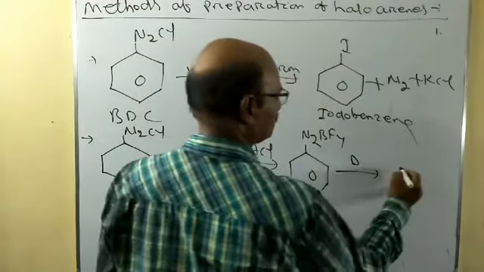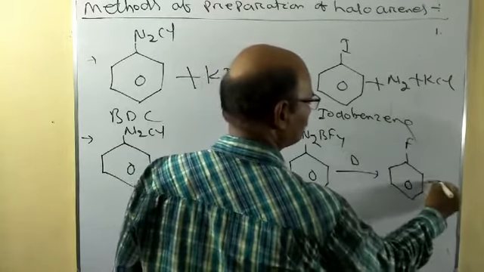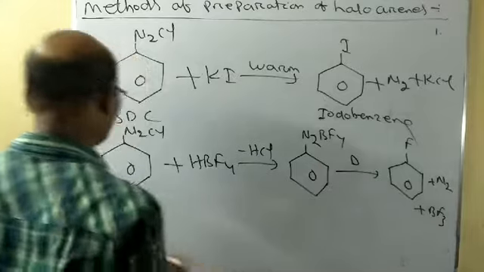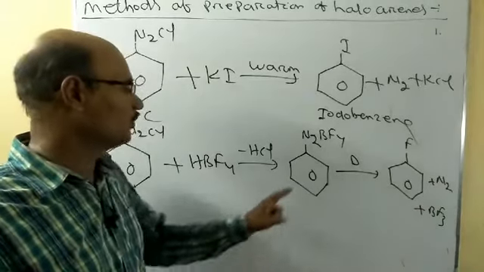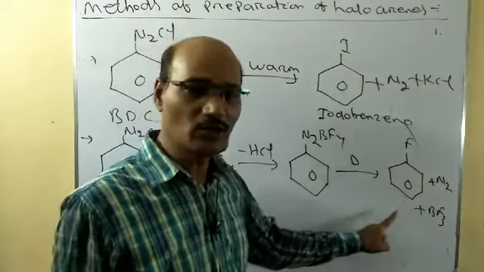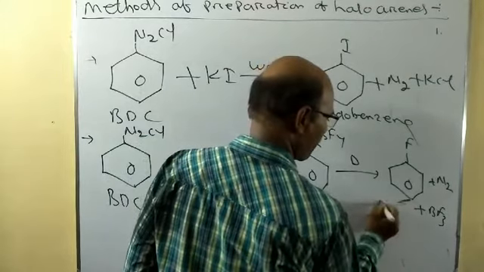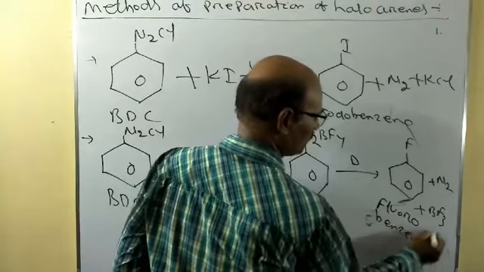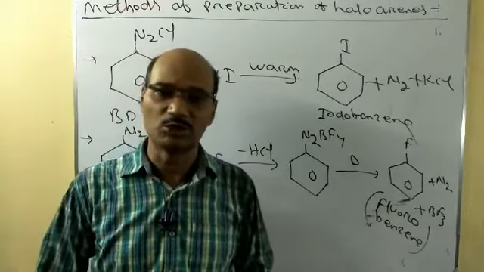You can heat it, you get fluorobenzene plus N2 plus BF3. So we can get fluorobenzene and iodobenzene also from benzene diazonium chloride.